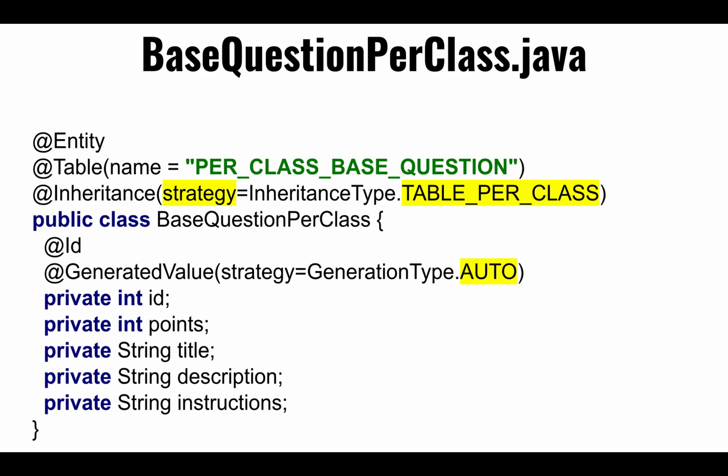The appeal of the single table is that the performance is high. There's no need to join anything. Everything is in one single table. But the problem is that it's a very sparse table, right?